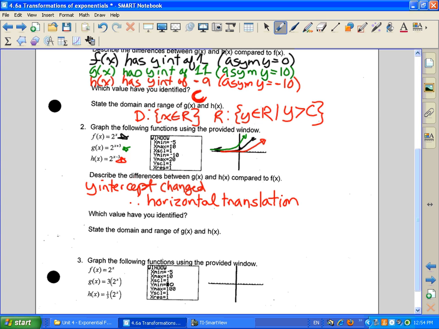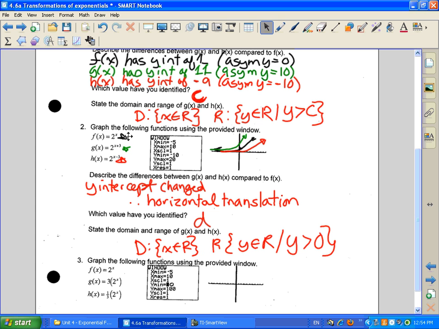So what letter deals with horizontal translation, folks? We have the D. Okay? So how do we do the domain and range? Again, the domain is such that x belongs to a set of real numbers, whereas the range is y belongs to a set of real numbers such that y is greater than or equal to 0.